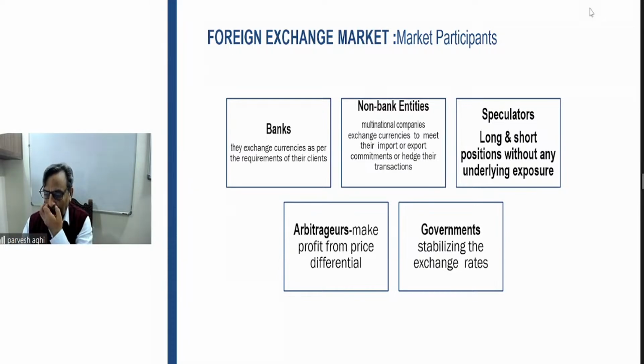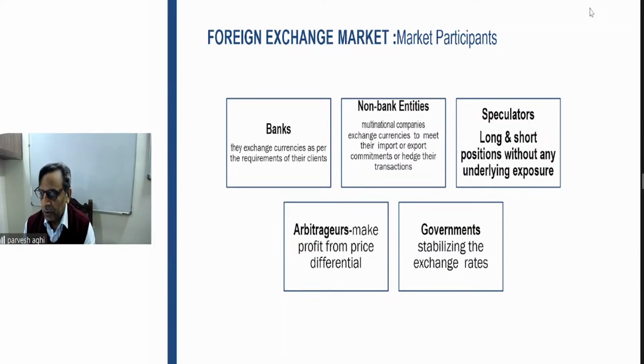And today we are going to focus on how we hedge our transaction, either using the forward cover or futures through the stock exchange or through options. That we'll be covering today and tomorrow and day after. And then there is a third kind of participants who are called speculators. They don't have any underlying position, but they speculate on the currency movement.